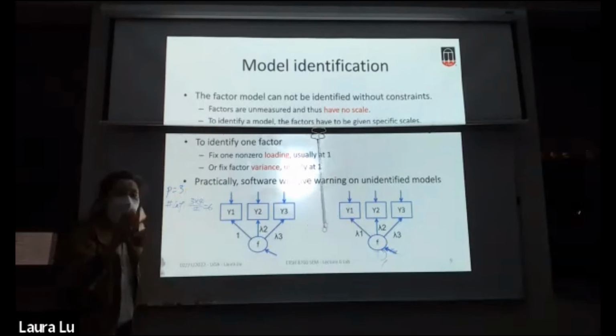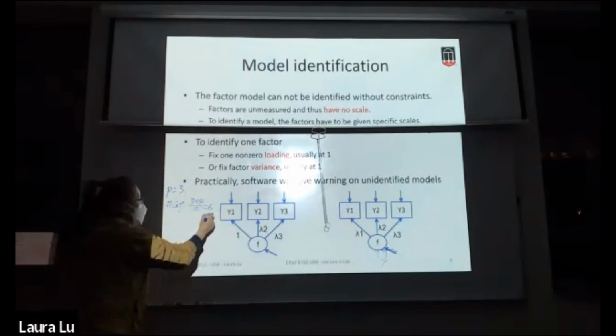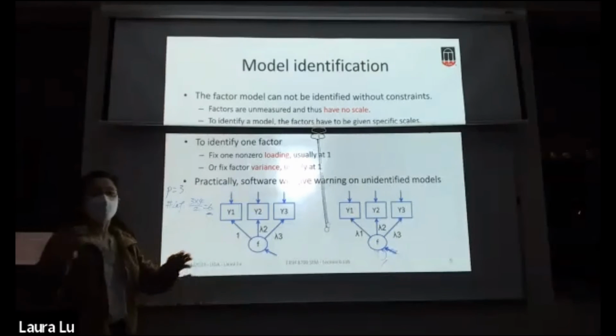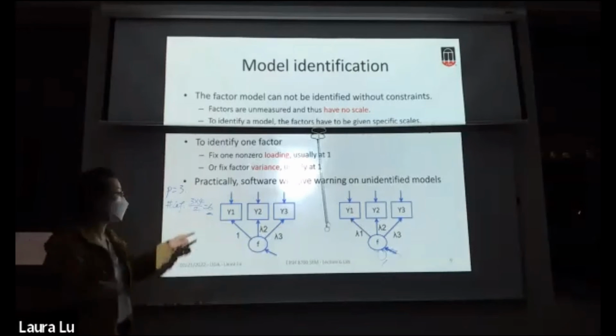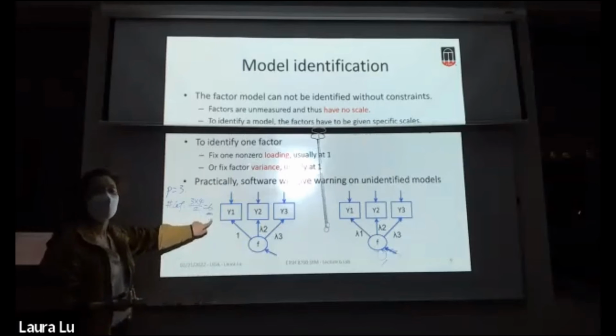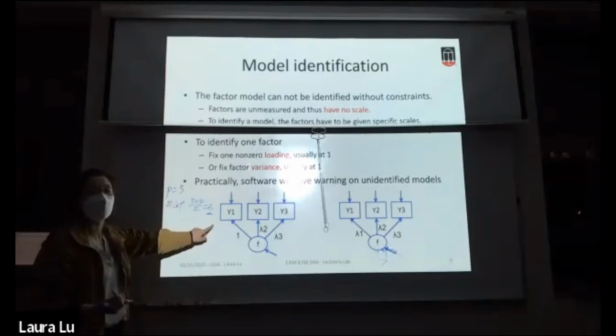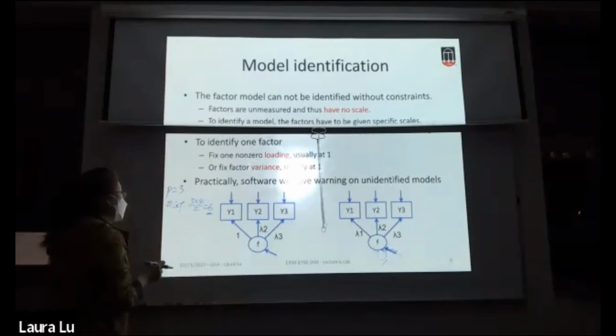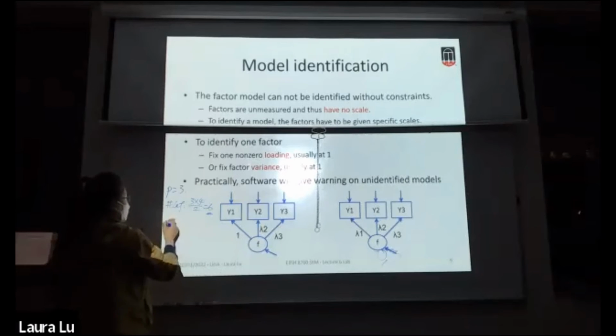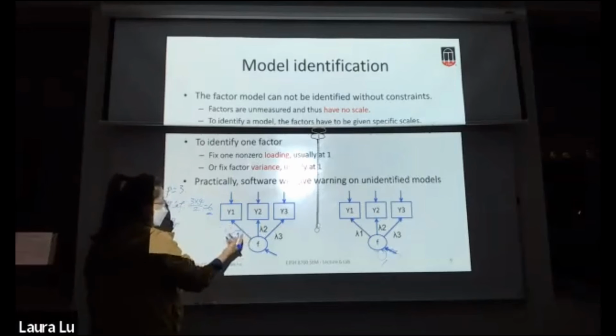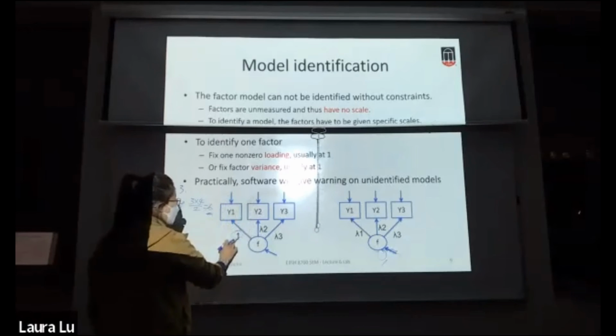So the total number of parameters should be at most 6. We cannot estimate 7 or 8 parameters because this is the total possible information we can have with three variables. Then what is the number of parameters? In this case, this one has been fixed, so we don't need to estimate it here.